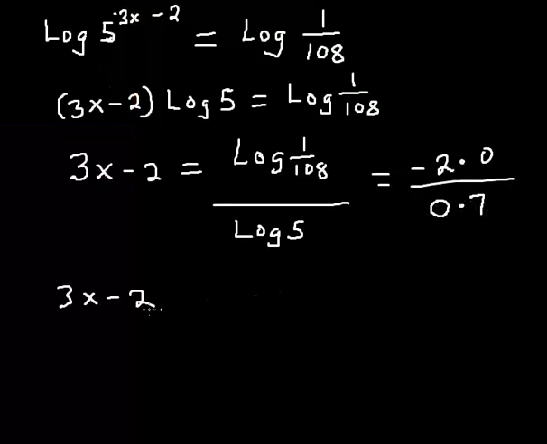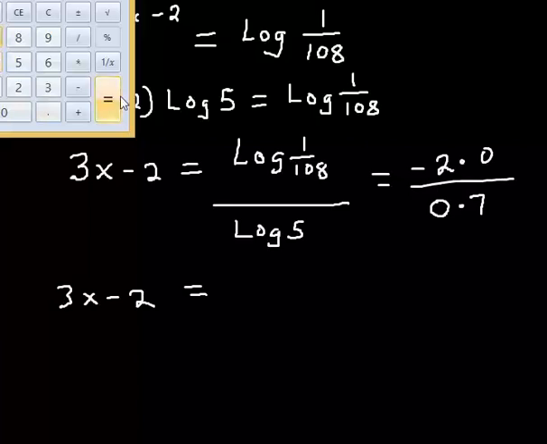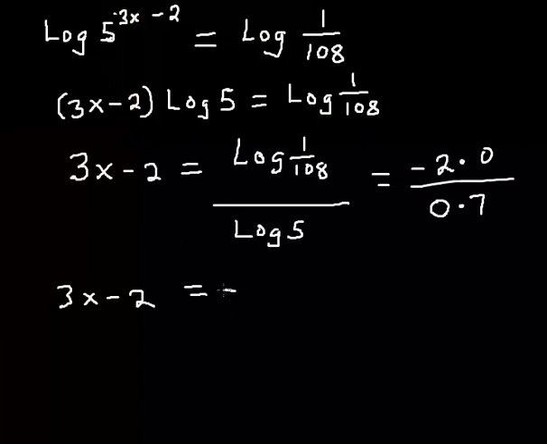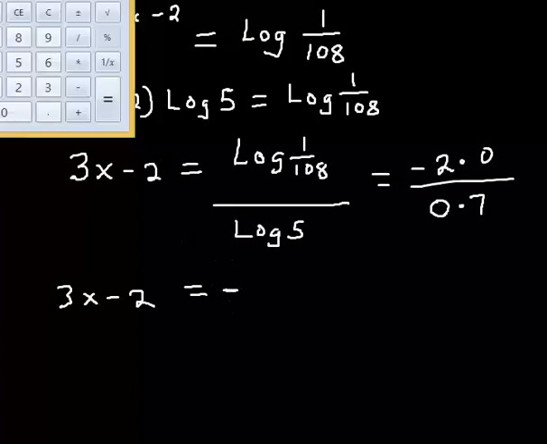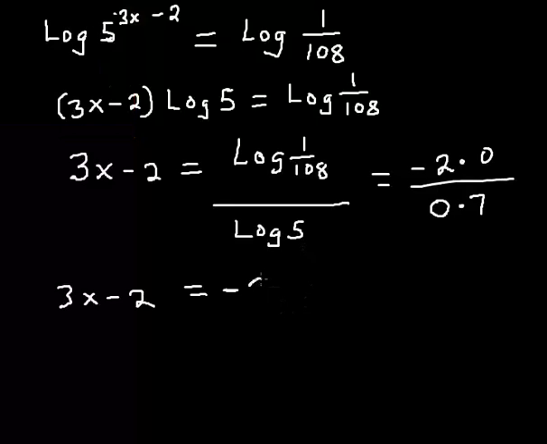So invariably, I'm having -2.0 divided by 0.7, that's approximately -2.9.